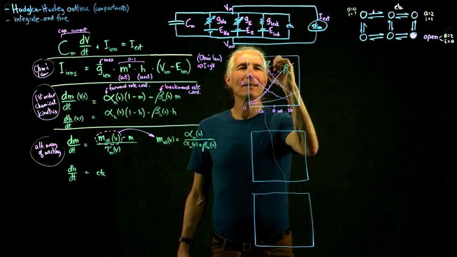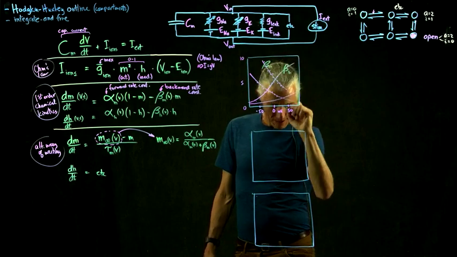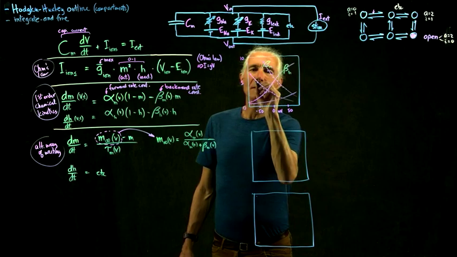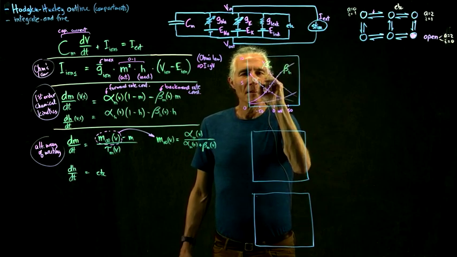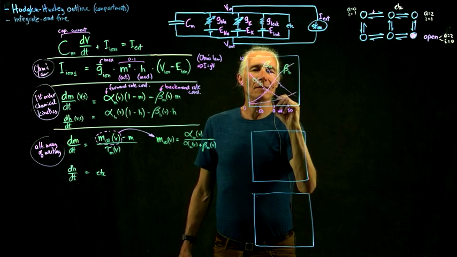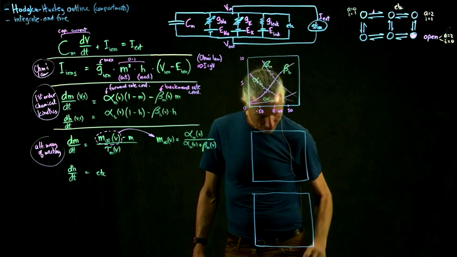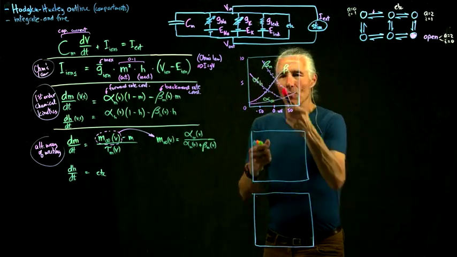The backward rate constant for the activation, and this one is the forward rate constant for the inactivation, and this one is the forward rate constant for the activation, to get those right.